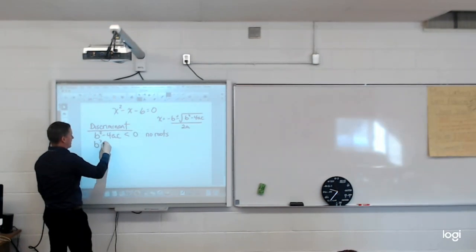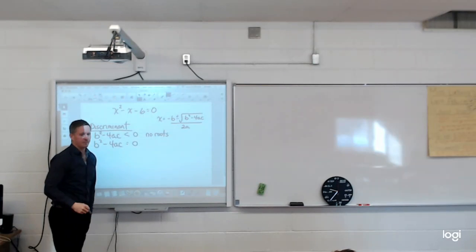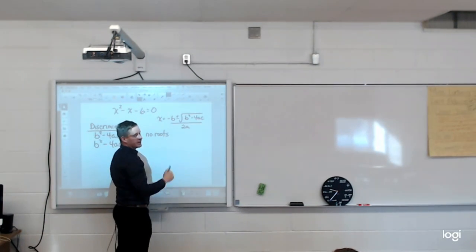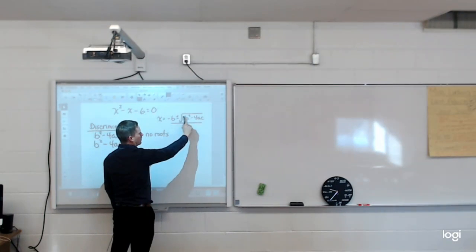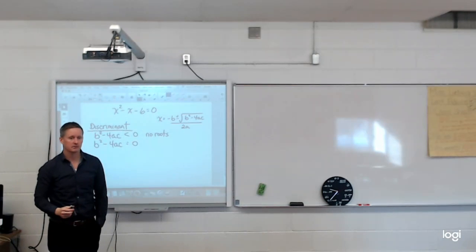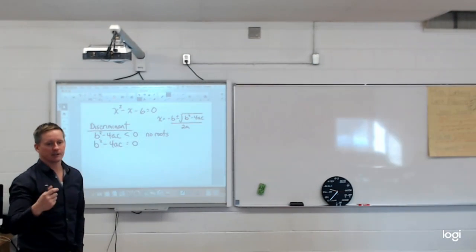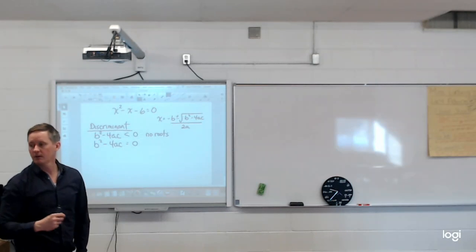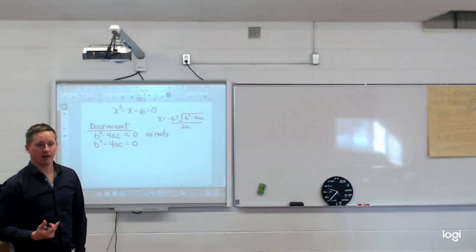If b squared minus 4ac is equal to 0, so let's say that this all works out to 0, then I have plus minus 0. What am I left with on top of that fraction? Negative b. And then the bottom is still 2a, right?